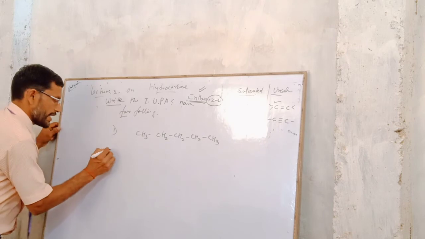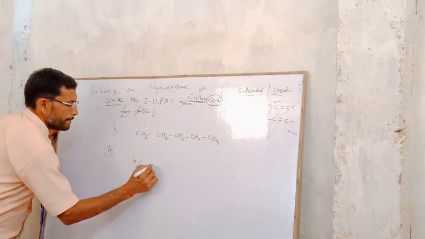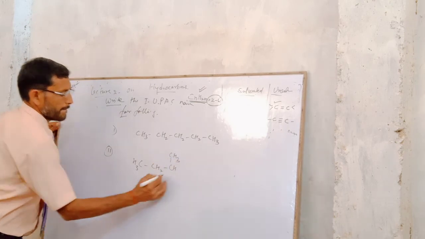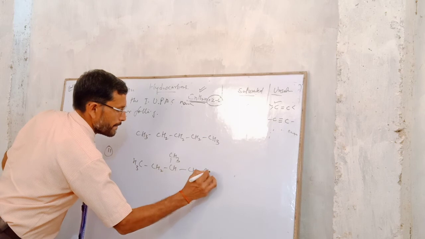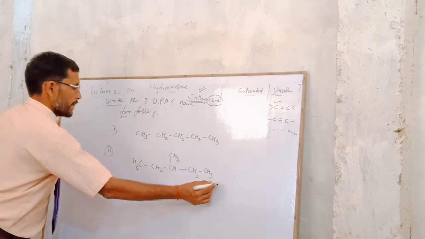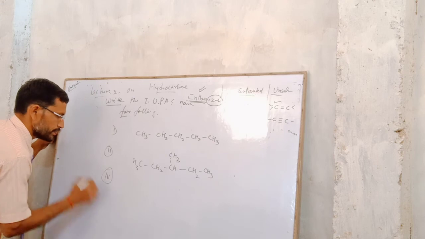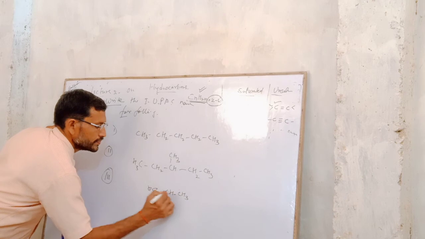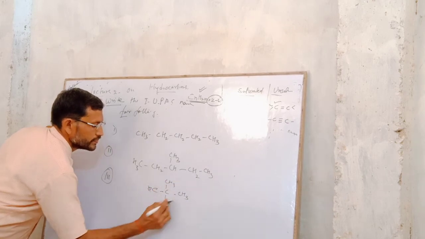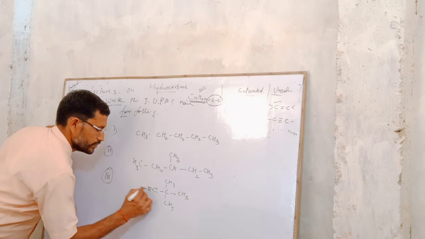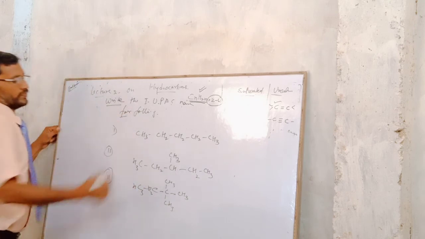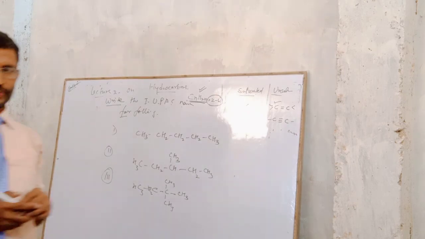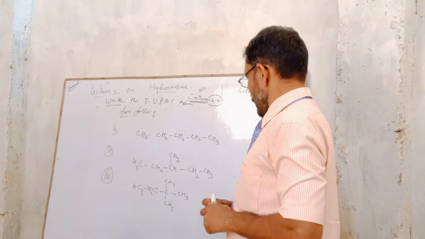Second is, and third is. Just write their names and give the answer. This is 1, 2, 3.